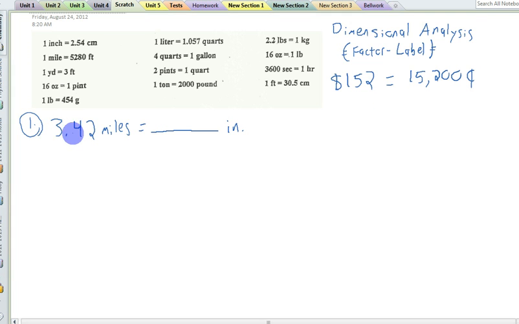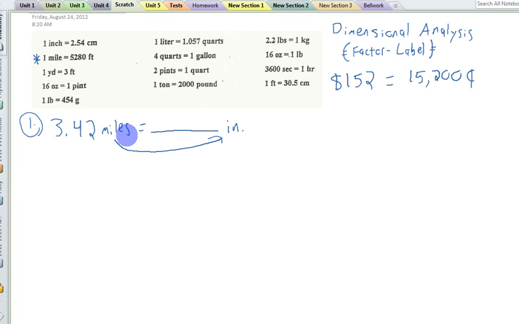We are given 3.42 miles, and we want to know how many smaller inches are in there. Well, in order to do that, you've kind of got to find a way to bridge miles all the way to inches. You have to find things that you know about miles and how they break down, and how those things in turn break down into inches. So I've got some conversion factors up here, and we can see this one right here tells us that 1 mile is equal to 5,280 feet.